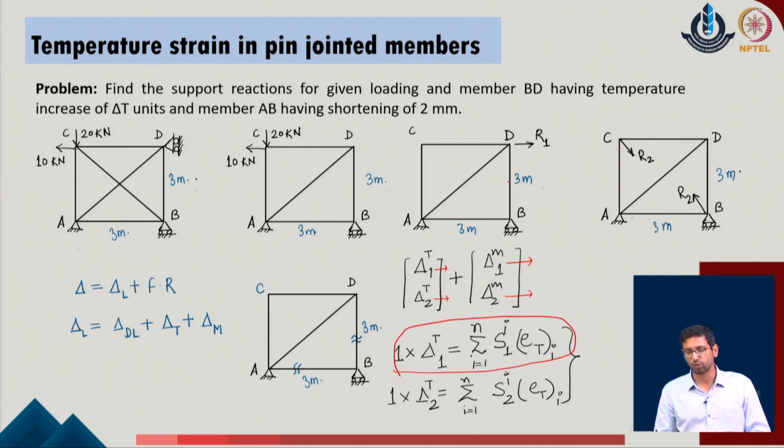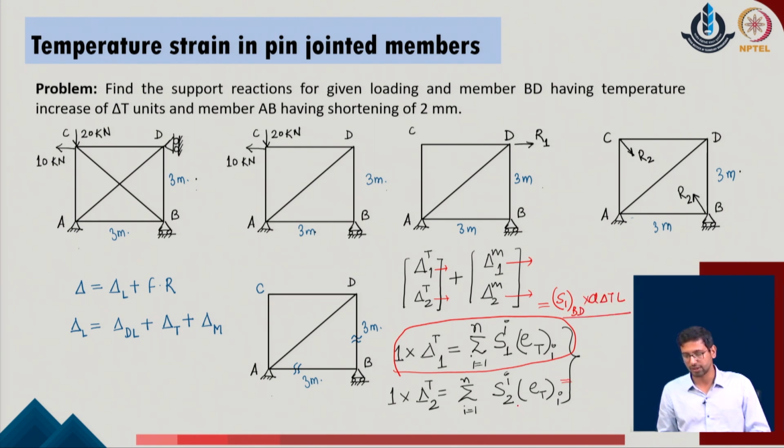Now, as we are having only one of the members subjected to the deformation, I can write this expression as S of 1 with respect to the given member BD when it comes to the temperature into alpha delta T L for the given system.